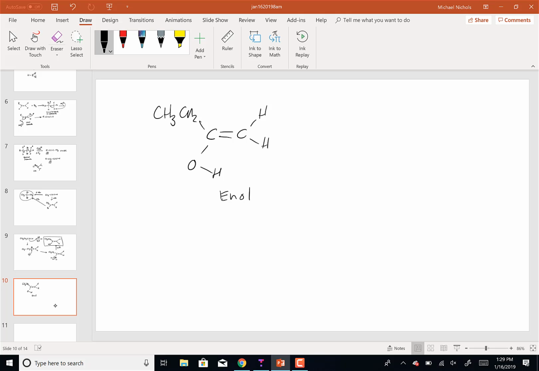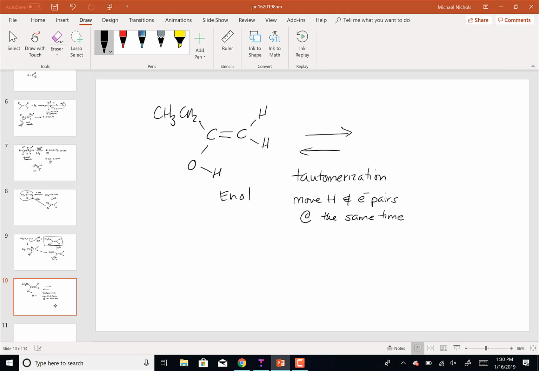So the enol then is not stable. So what does it do? It undergoes an equilibrium, which is called tautomerization. And tautomerization is when you basically move a hydrogen and an electron pair or electron pairs at the same time.